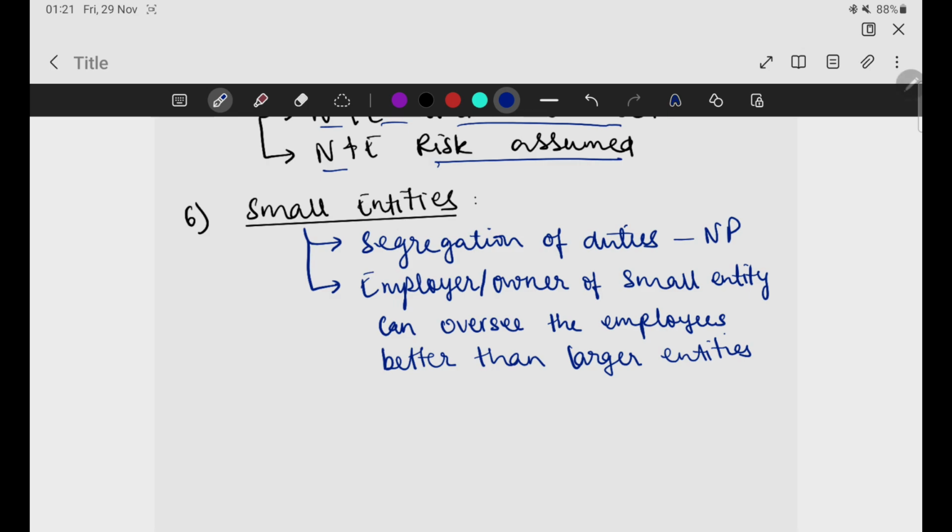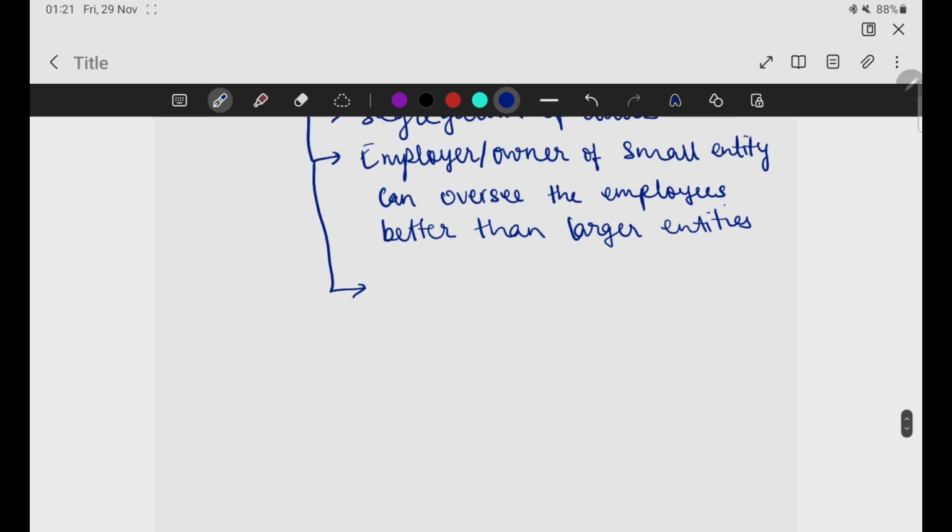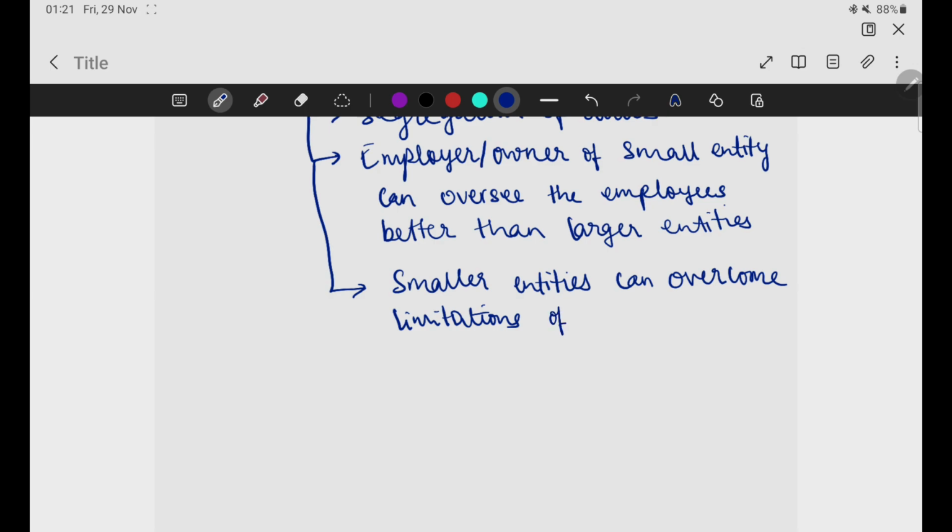And the last point was that smaller entities can overcome limitations of control due to close supervision.